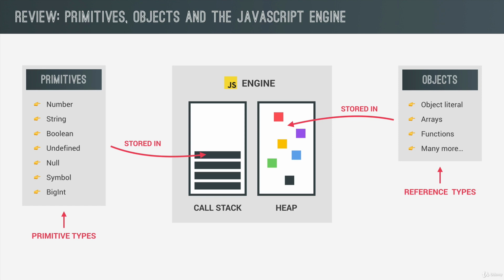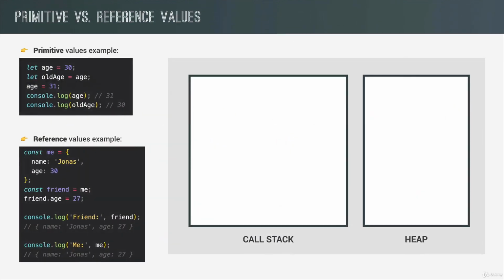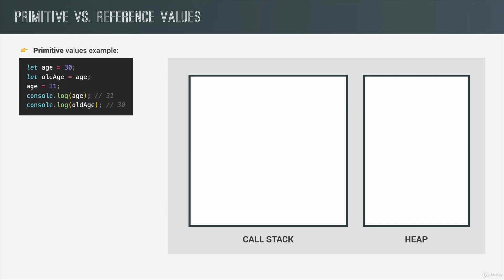Well, let's find out. So here we have the two code examples from earlier, as well as the engine with call stack and heap. And let's start by looking at the primitive values example. So when we declare a variable like age equals 30, what actually happens inside the JavaScript engine and the computer's memory?